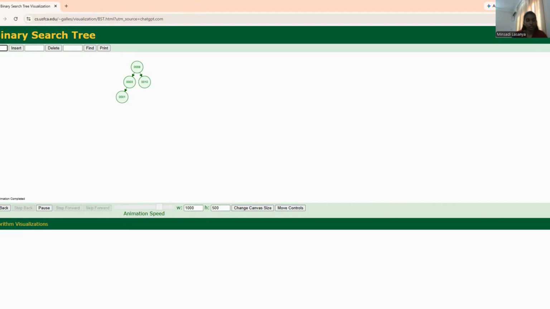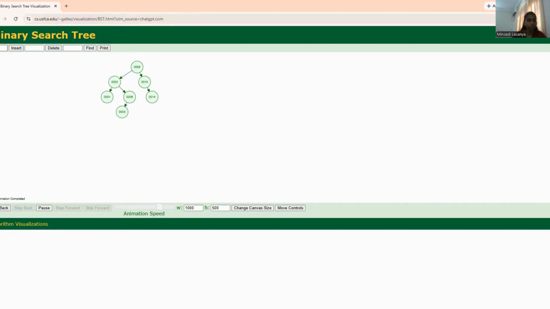Then I insert 6. It goes to the right of 3 because it is greater than 3. Next, I insert 14. It goes to the right of 10. Then I insert 4, which goes to the left of 6.